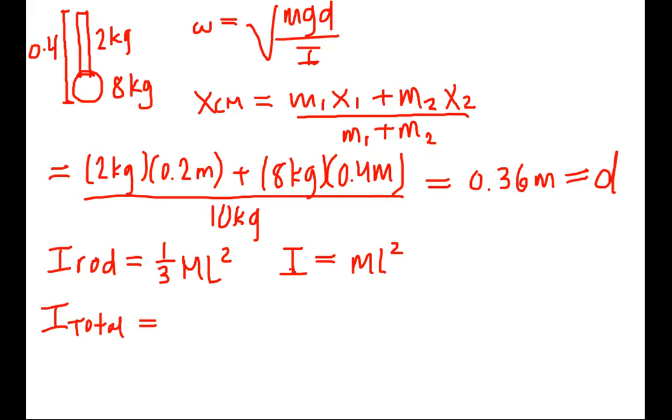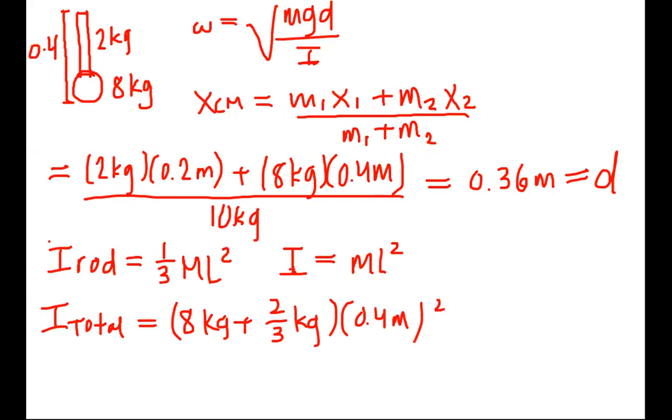And we get 8 kilograms plus 2 divided by 3 kilograms times the length squared, which is 0.4 meters.